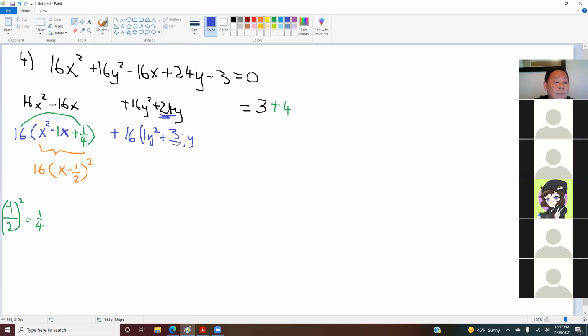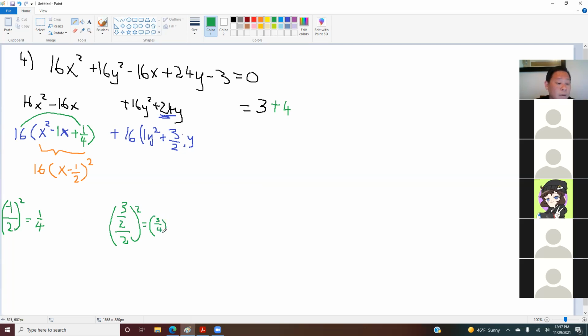And then what you do next is you take the middle term, which is 3 over 2, and you divide it by 2 and you square it. Don't forget, you have to divide this by 2 and square it. Does anyone know what is 3 over 2 divided by 2? It's 3 over 4.